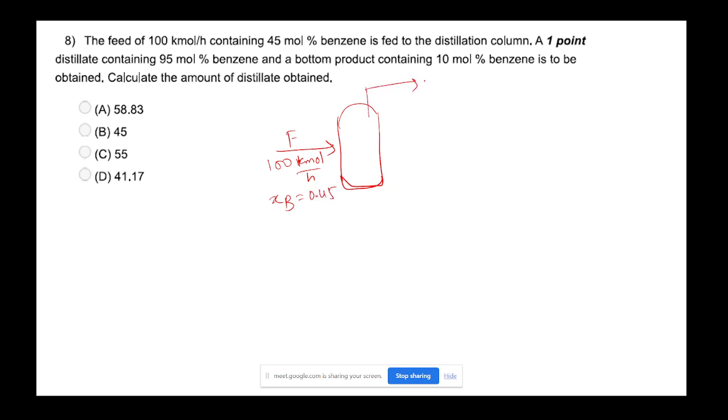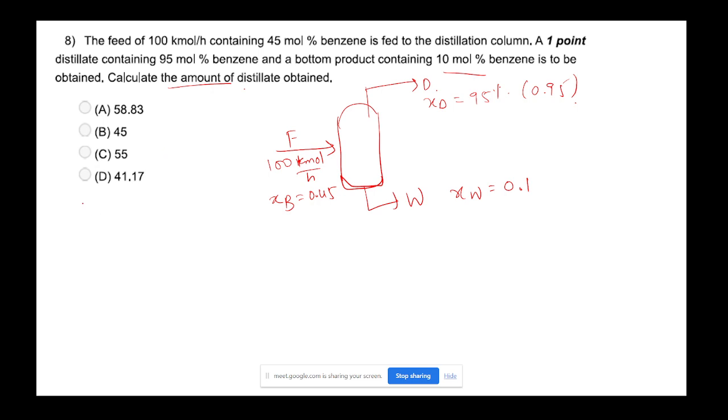There will be a distillate stream containing 95% benzene, so XD is 0.95. And the bottom, let's say it is W, and XW is 0.1, which is 10%.